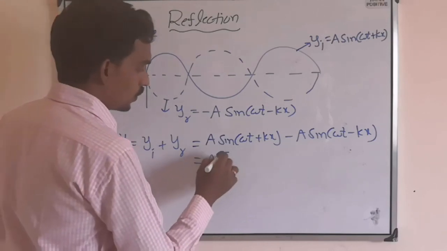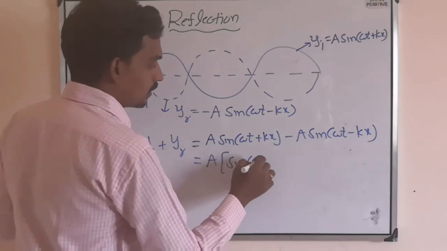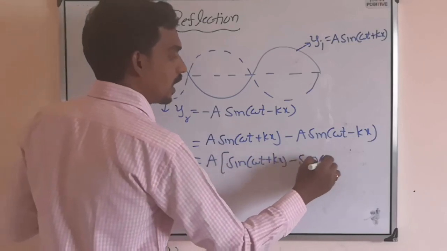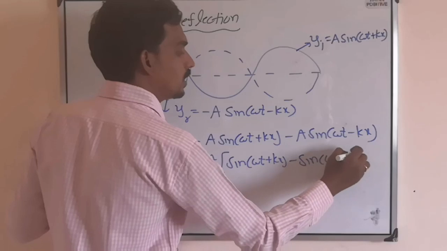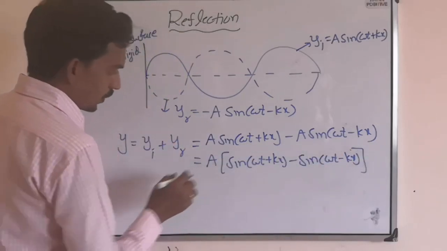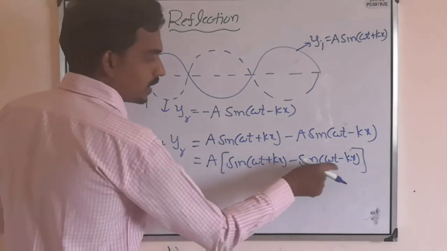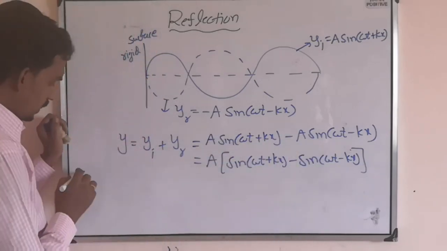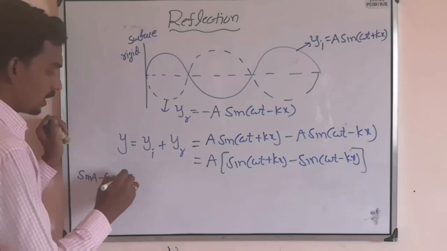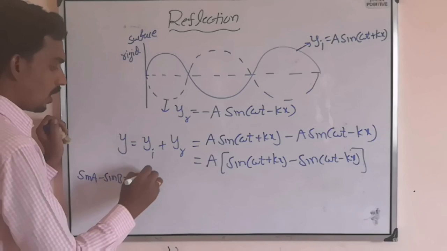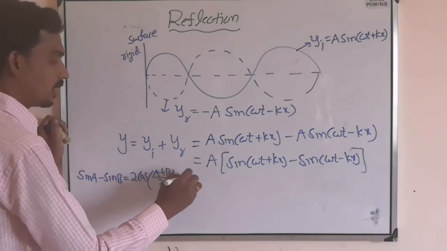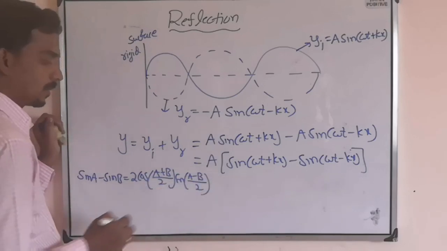Now if you take A common, sin(omega t plus kx) minus sin(omega t minus kx). Here we use the sin A minus sin B form. In trigonometry there is a formula, sin A minus sin B equals 2 cos((A plus B)/2) sin((A minus B)/2).